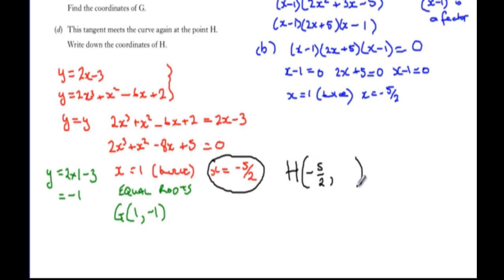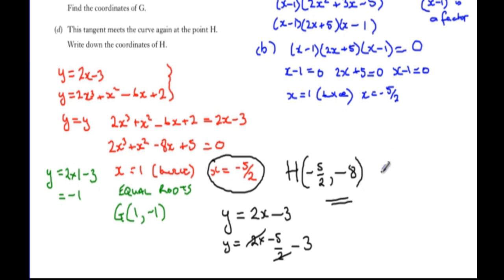What we then need to do is to work out the y coordinate of H. But what we could do is put this value of x into the equation of the line, y is equal to 2x minus 3. So y is equal to 2 times negative 5 over 2 minus 3. 2 times negative 5 over 2 is negative 5, minus 3 gives us minus 8. So H is the point negative 5 over 2, negative 8.